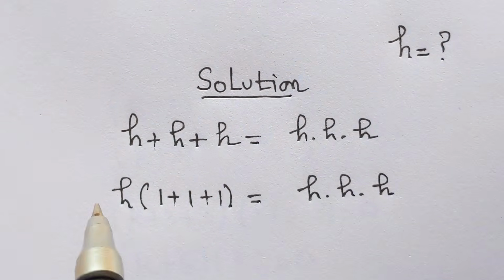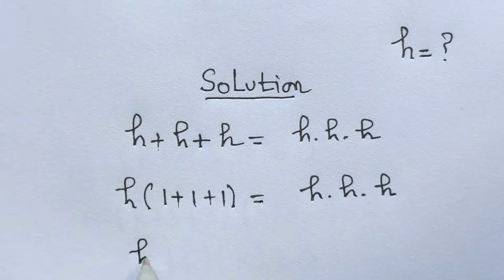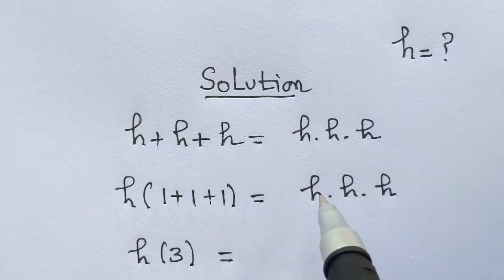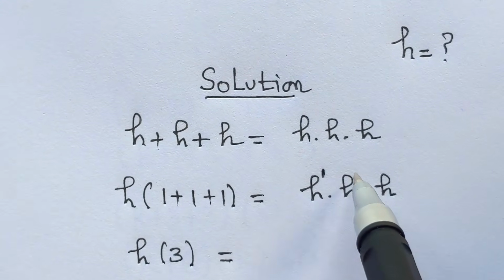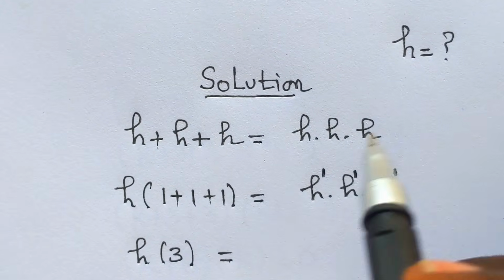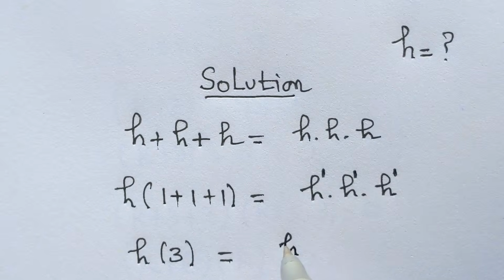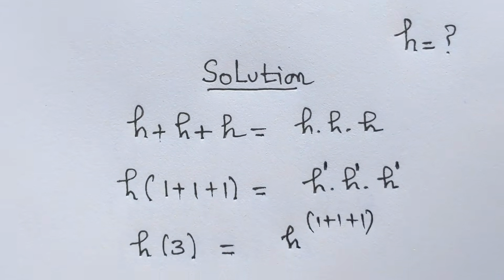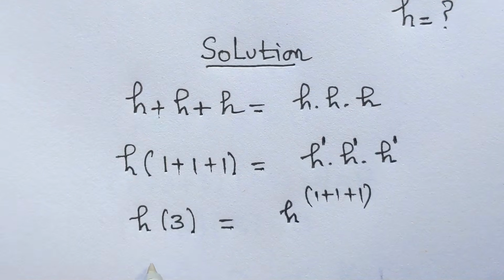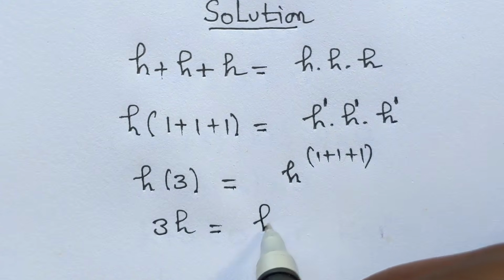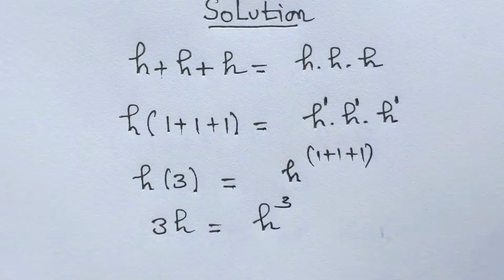At this stage we have h times 3, and remember that here we have power 1, what we call an invisible power, and with the same base this will be h power 1 plus 1 plus 1. At this stage we have 3h, which equals h power 3.